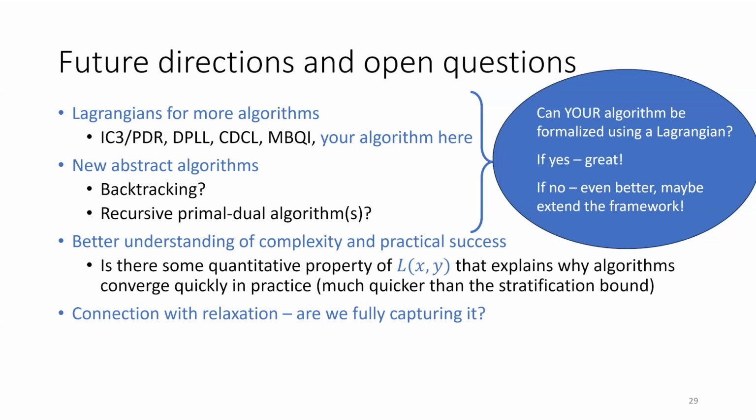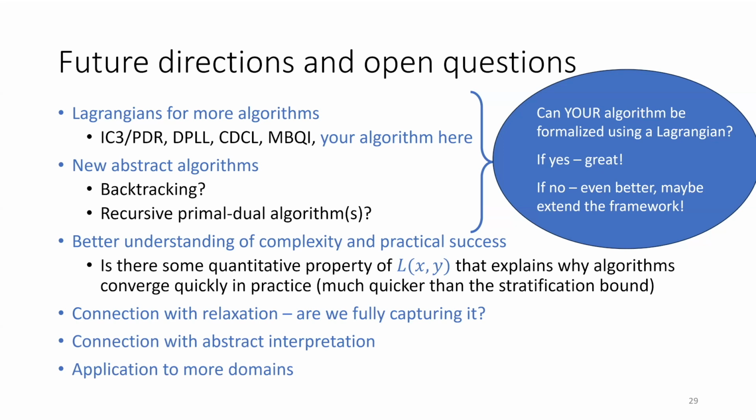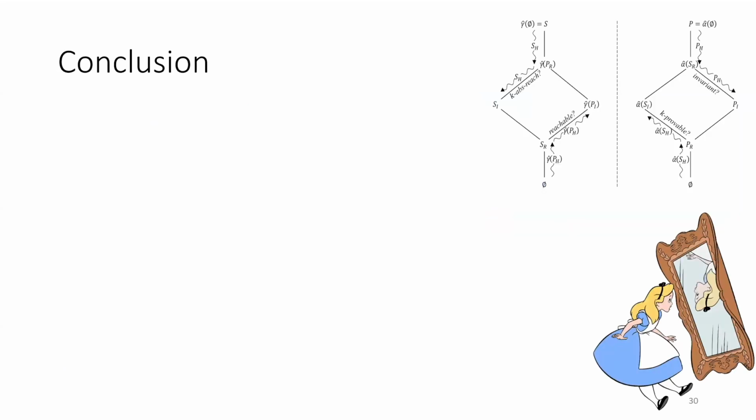Before I fully understood it, you tried to teach me that if you think of Seeger or ICE learning, in each of them you relax on a different side. This framework shows you which side makes progress. I'm not sure if it really captures this notion of relaxation, or maybe there is something we're still missing here. There is also room to better understand the connection with abstract interpretation, and of course apply it to more domains.